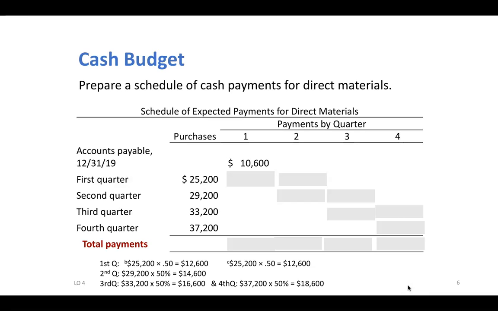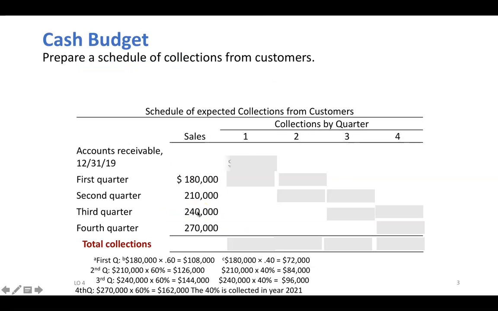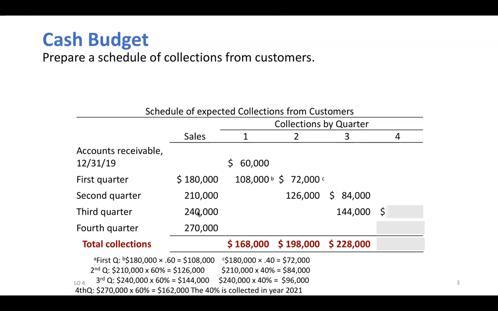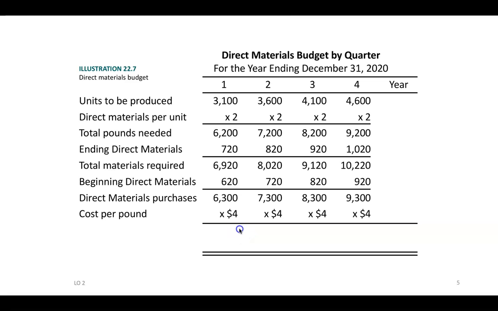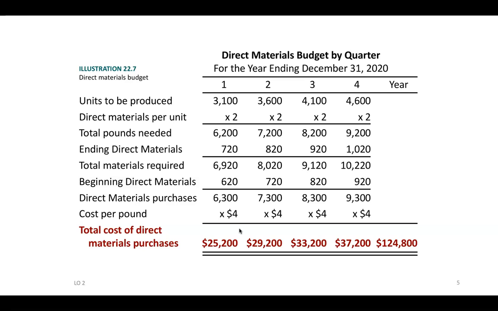Then the next thing is that we're going to look at our direct material budget, our purchases on account. If you remember from the direct material budget, we purchased on account 25,200 in Q1, 29,200 in Q2, and so forth.